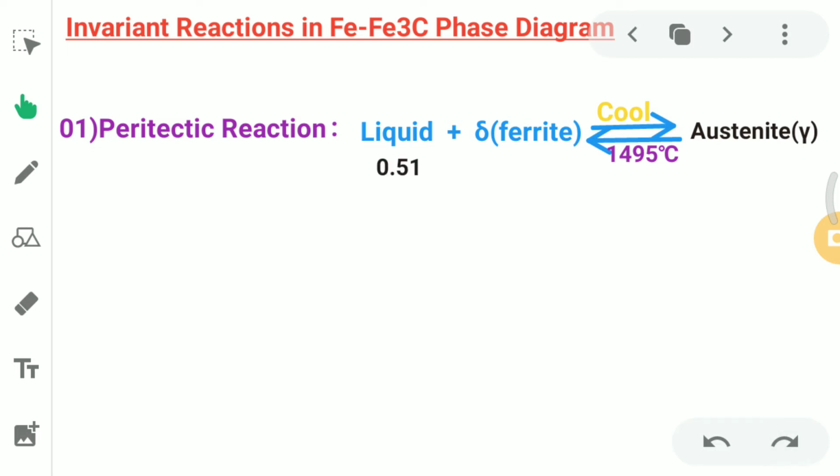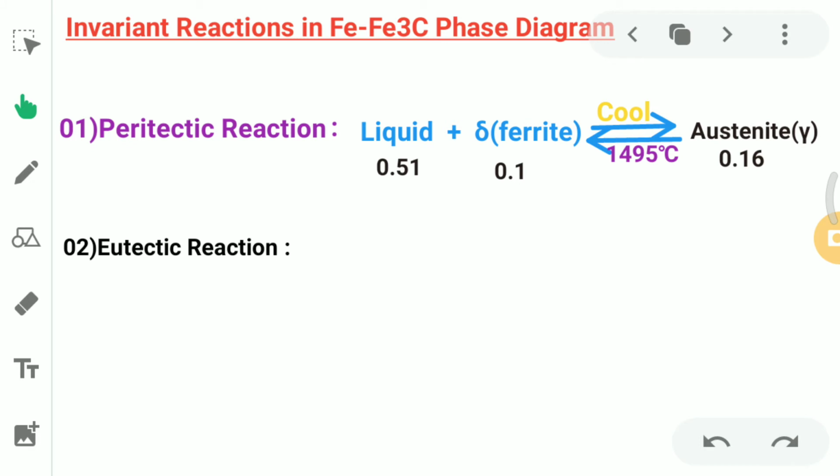And the weight percentage of carbon at that phase is 0.51 percentage for liquid, delta ferrite is 0.1 percentage, and austenite is 0.16 or 0.17 percentage, friends.